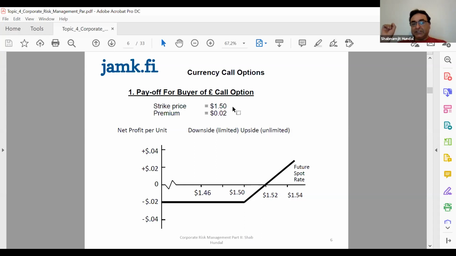I save 1 cent, but I paid the premium in the beginning, 2 cents. So my loss is basically 1 cent. If I fictitiously draw a line here at 1.51, then the loss would be 1 cent. So by exercising the option, my loss is 1 cent, but by not exercising the option, I would lose the 2 cent premium straight away.